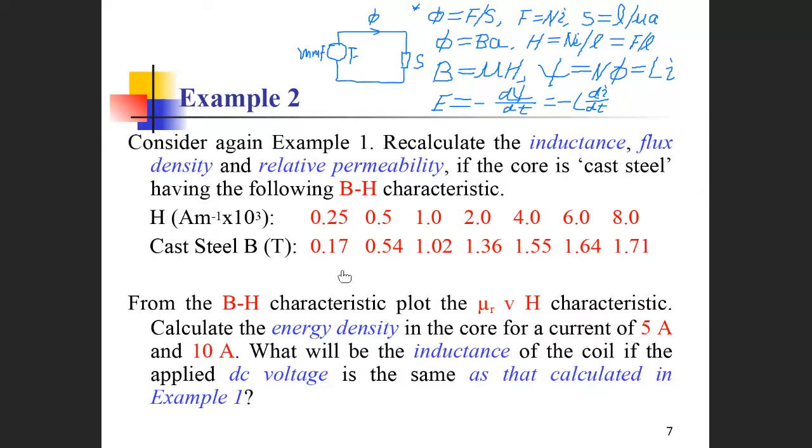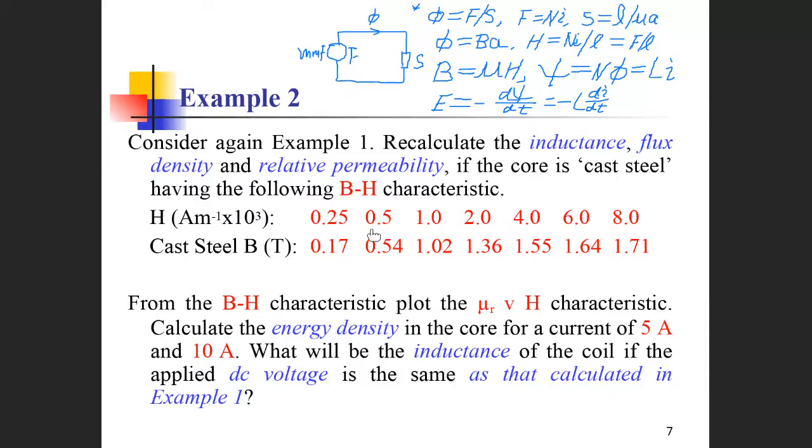So for the given material, when H is 0.25 kilo ampere per meter, that is 250 amperes per meter, then you have 0.17 Tesla, and so on.